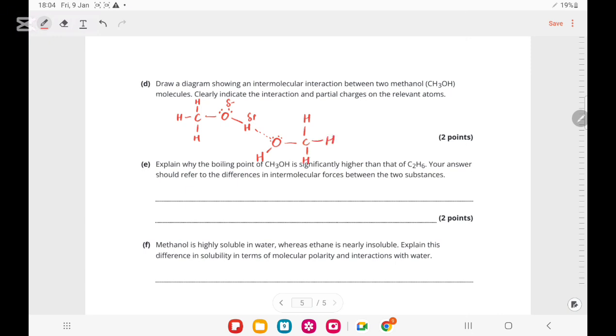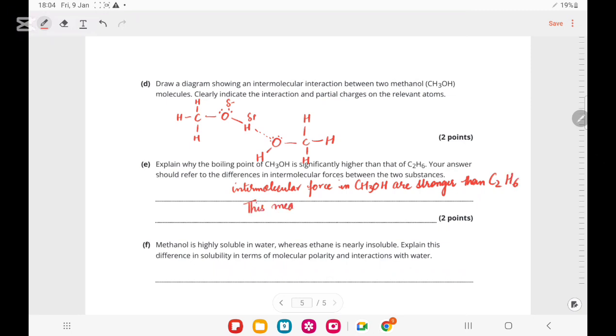In the next question, they are asking why the boiling point of CH3OH is significantly higher than that of C2H6. The reason is the stronger intermolecular force in CH3OH, that is hydrogen bonding. So the intermolecular forces in CH3OH are stronger than in C2H6.